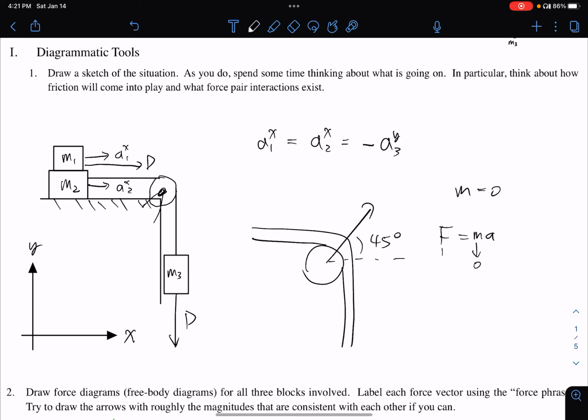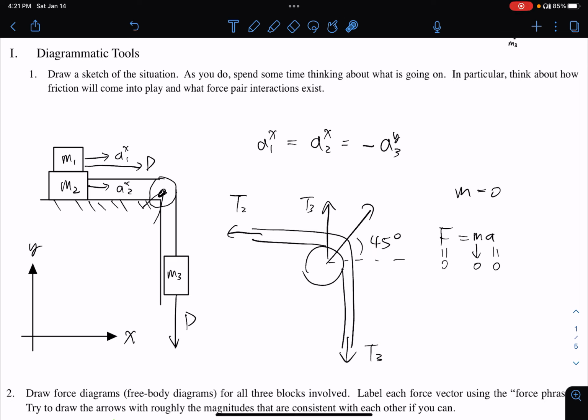So it means that the tension on the side of the rope which is connected to block 2, and the tension on the side of the rope which is connected to block 3, must equal the components of the normal force here. T3 needs to equal the y component so that in the y direction, the net force acting on this rope is 0.